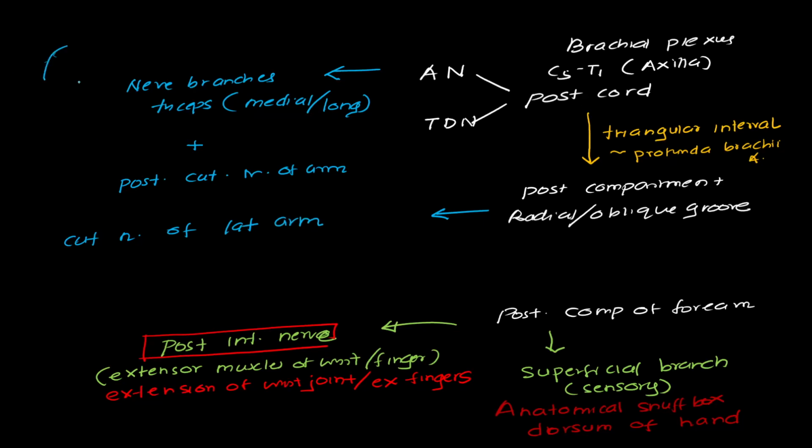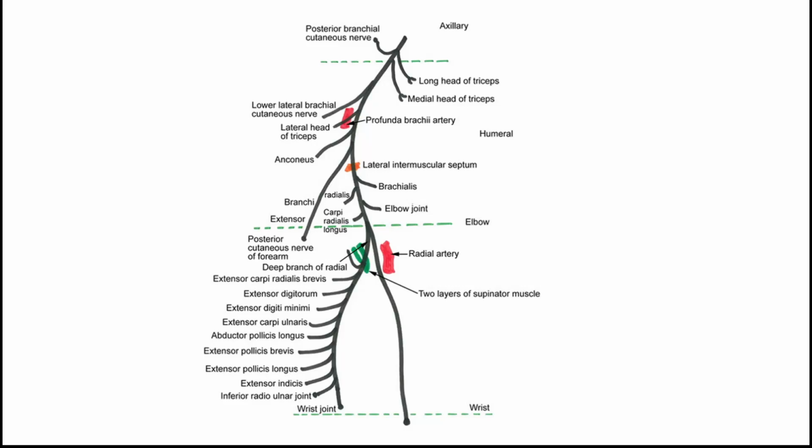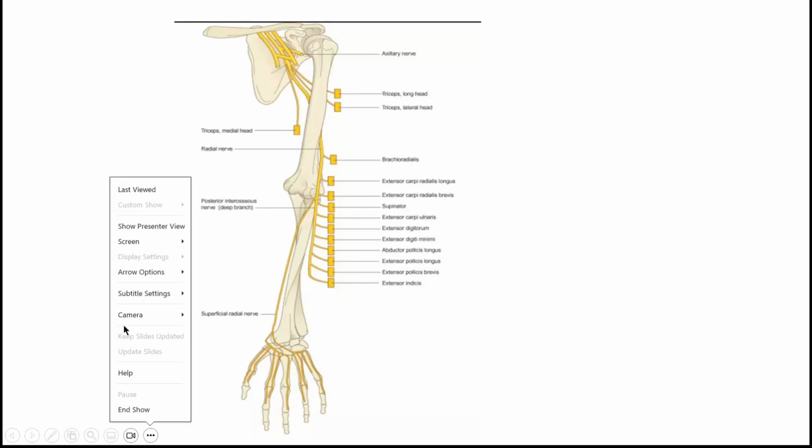This provides innervation to the lower lateral aspect of the arm, the lower lateral aspect of the radial nerve's territory.